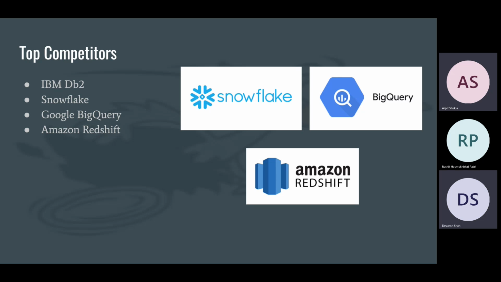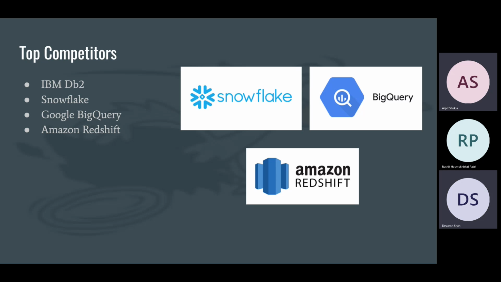There is another tool called Google BigQuery, which is a Google implementation on GCP for data warehousing. So it is also a competitor for Tajo. Then there is Amazon Redshift, which is Amazon's implementation on AWS for data warehousing, which is also very popular these days.